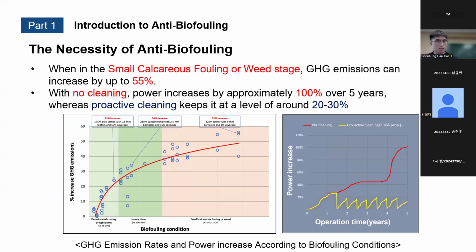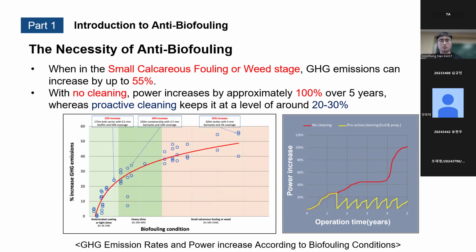Next slide is the necessity of antifouling. The graph on the left shows increased GHG emissions depending on fouling condition, and the right is a proposal with and without cleaning.